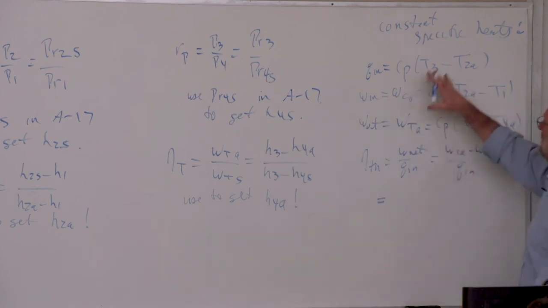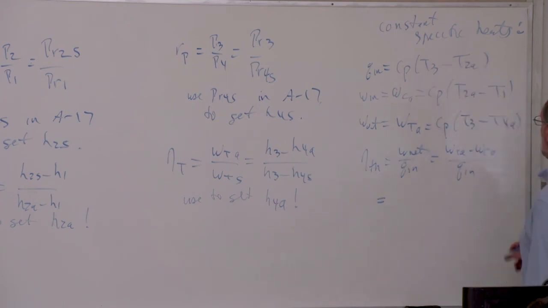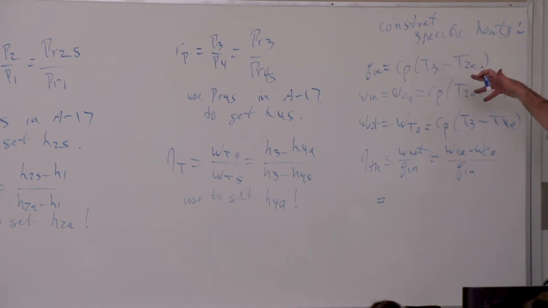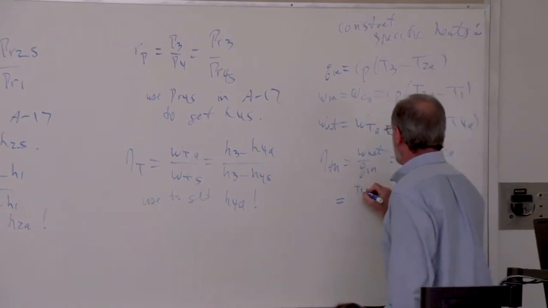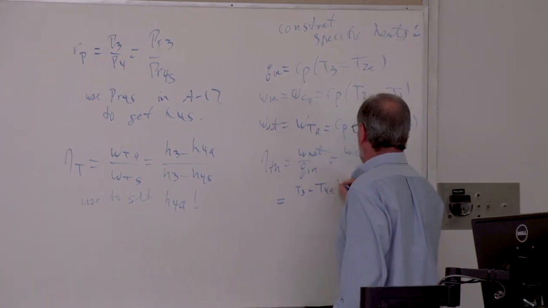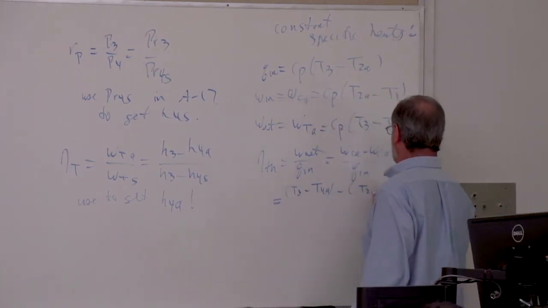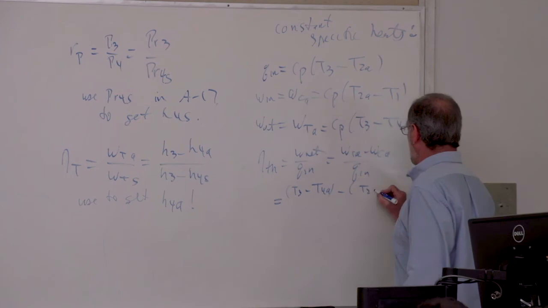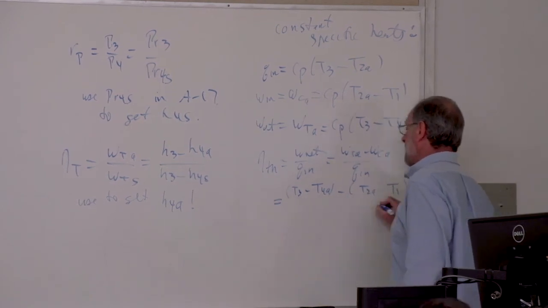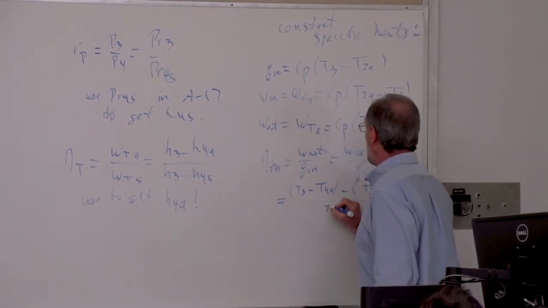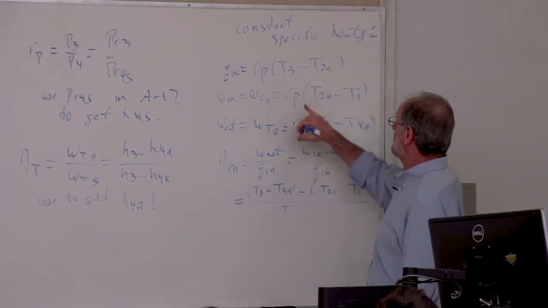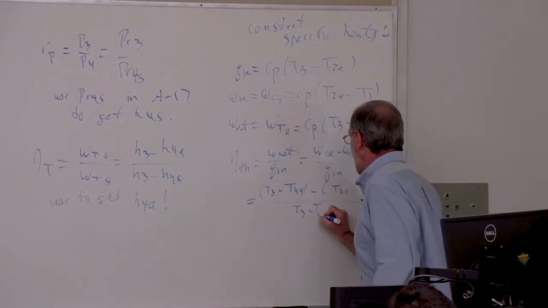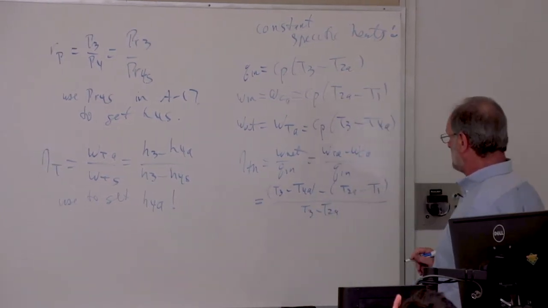So again, we could just plug in all these different terms from above. Please note that you're going to have a Cp term in all terms in the numerator and denominator, so they're just going to cancel out directly. And we just get T3 minus T4A, and then minus T2A minus T1. And then just divide this by the heat input term in the denominator, T3 minus T2A. Okay.